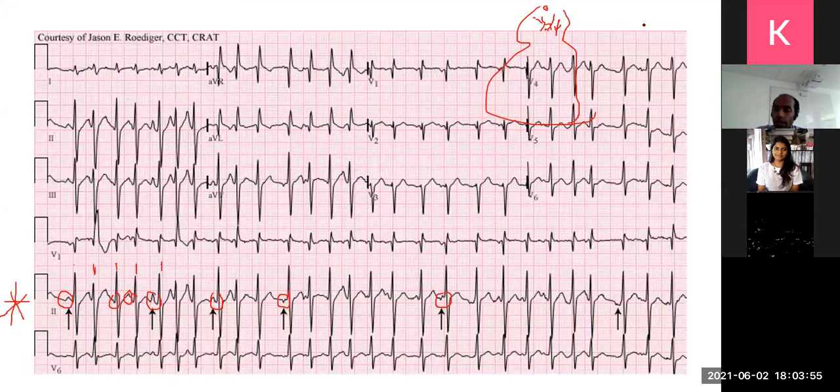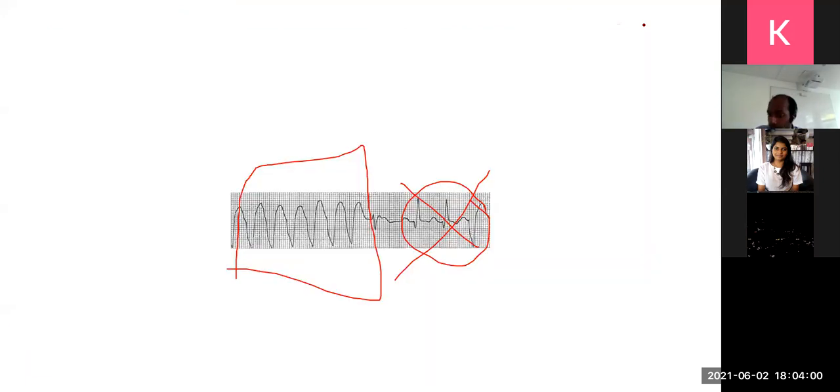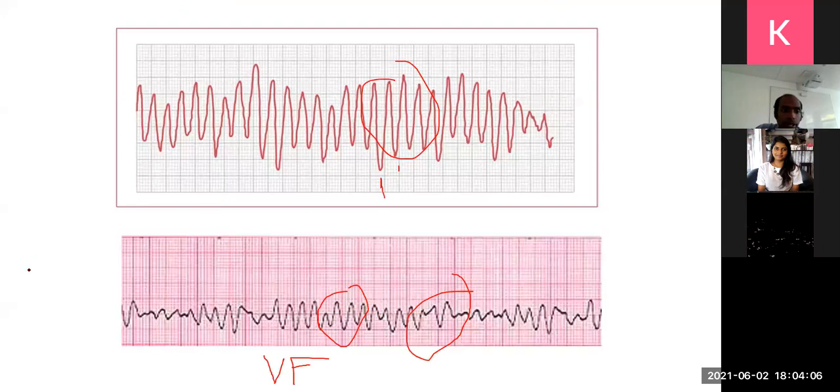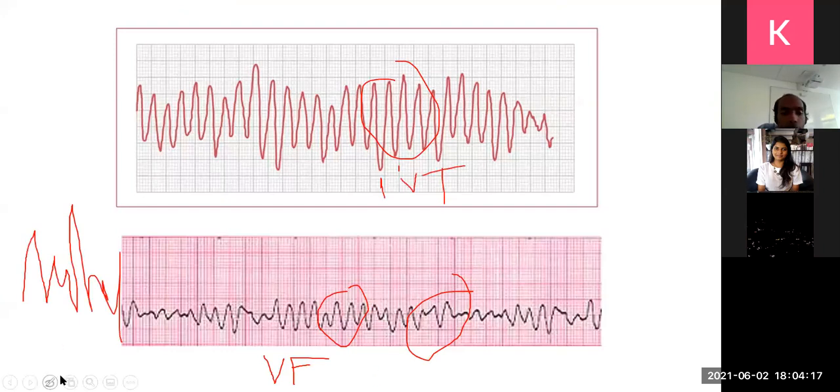Right. Okay. The next question is, what is the difference between polymorphic VT and VF? Polymorphic VT is regular, no? There is a pattern to it. There is a pattern to it. VF is completely chaotic.